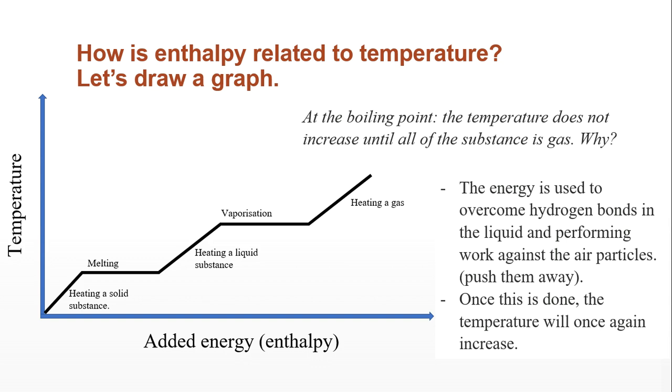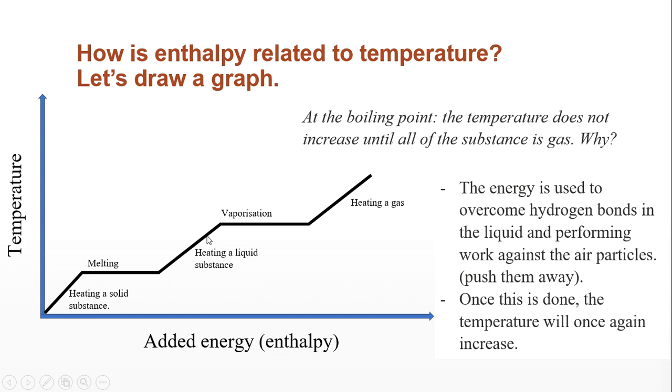Then the temperature will once again increase. So during phase transitions, the temperature is fixed at the melting point. If we're talking about water, the melting point of water is 0 degrees. And water will melt here and will not increase in temperature until all of the water has thawed or melted.